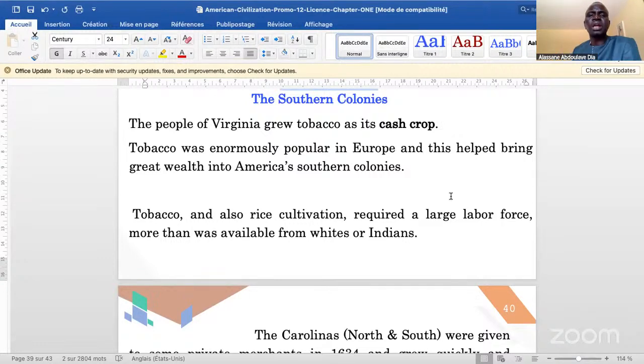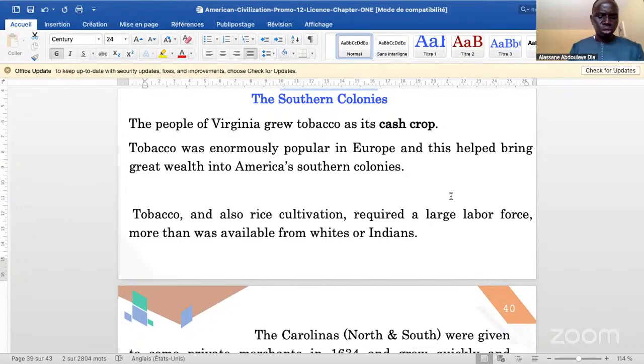The southern colonies. The people of Virginia, they grew tobacco as their cash crop. Cash crop, I told you, is a commercial crop. So tobacco was enormously popular in Europe. So tobacco was very famous in Europe, very popular. And it helped bring great wealth into the American southern colonies.